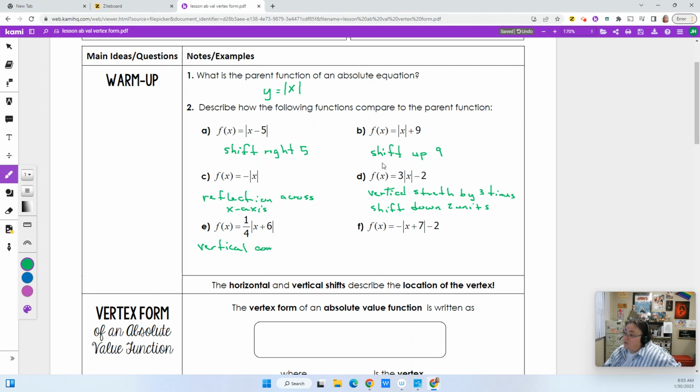We called this a shrink, or a compression. So we have this vertical compression by 1/4, but on the inside of that absolute value, we have that +6, which is also going to be a shift left 6 units.